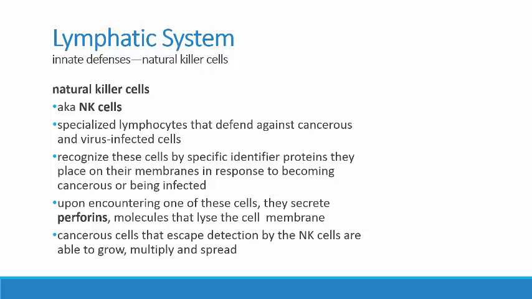These are specialized lymphocytes that will notice if a cell puts out onto its cell membrane surface antigens that alert the body to either the fact that the cell has become cancerous or that a virus has infected that cell. And so the natural killer cells recognize a defective cell, a cancerous or virus-infected cell, by those identifier proteins.